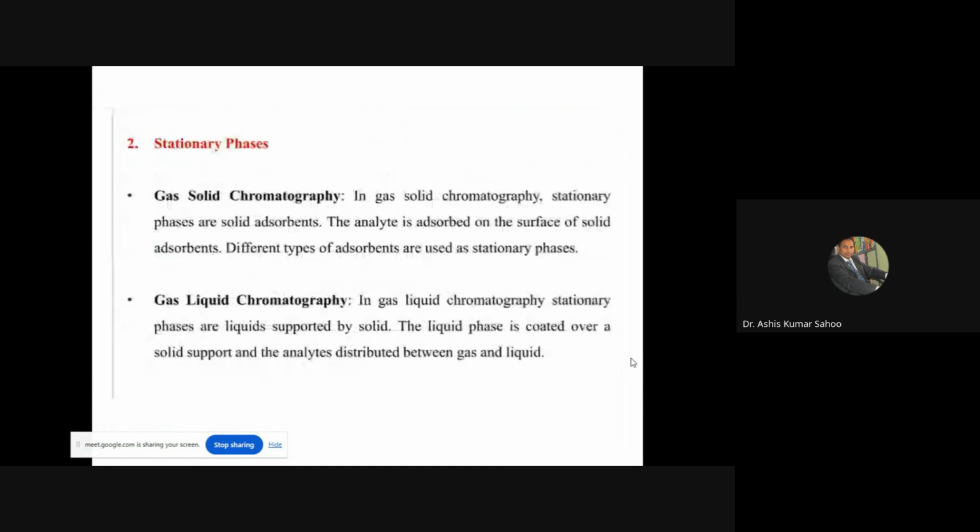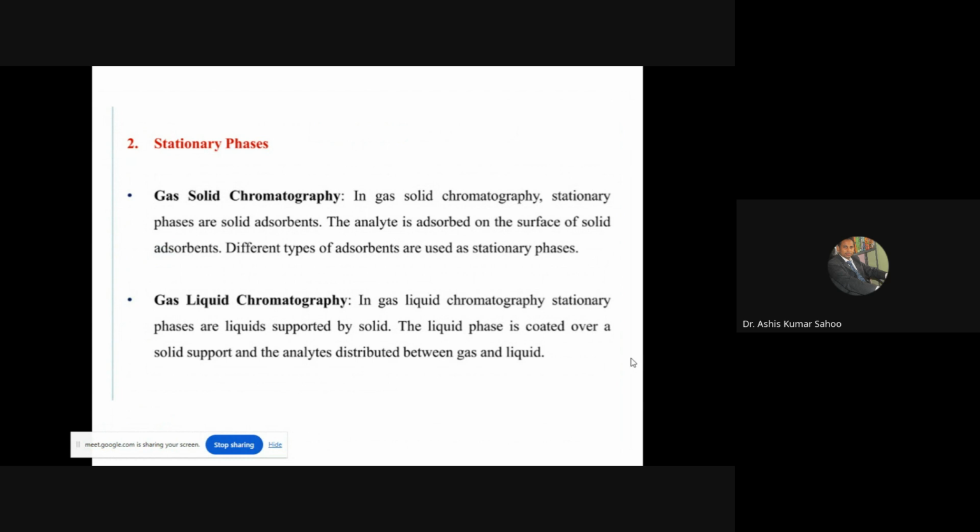Next, what about the stationary phase? There is gas solid chromatography and gas liquid chromatography. In both cases, we are discussing the stationary phase. In gas solid chromatography, the stationary phase is a solid adsorbent. The analytes adsorb on the surface of the solid.